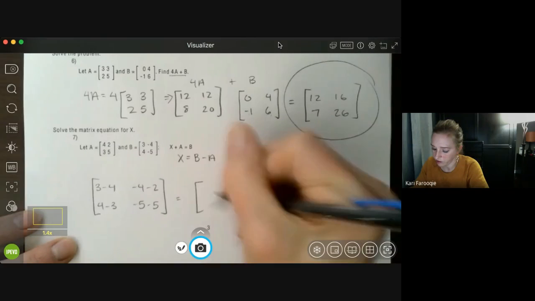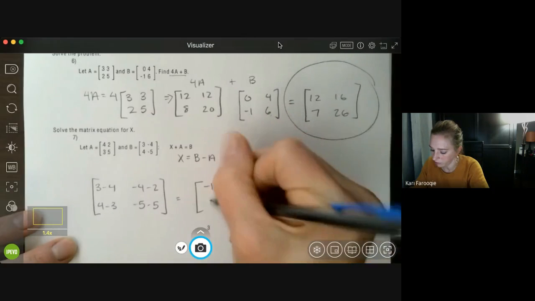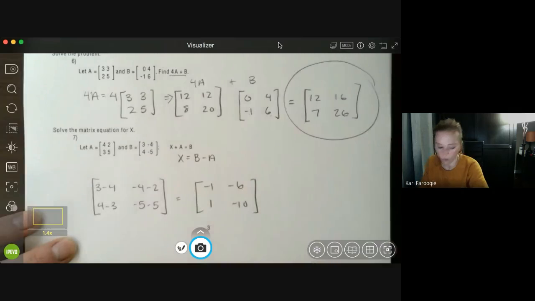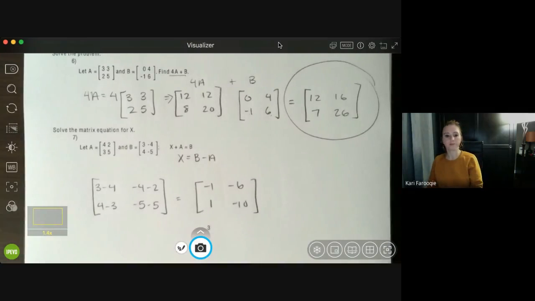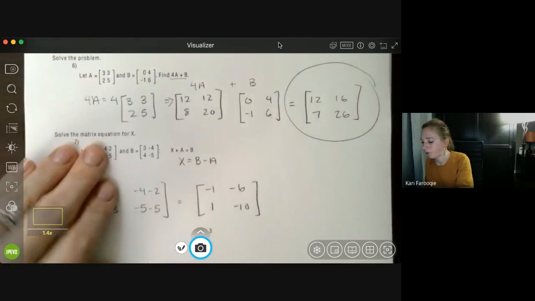And you'll simplify that to negative 1, negative 6, 1, negative 10. Questions on 7? Okay.